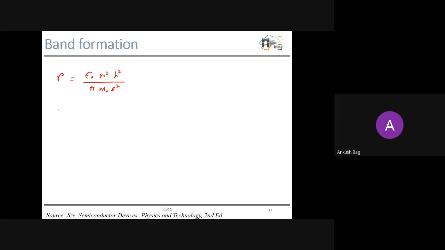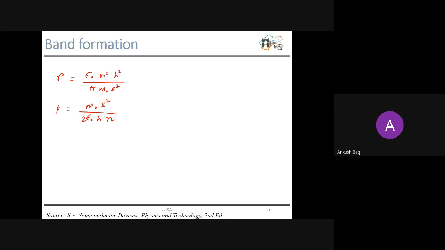So this will be your radius, and your momentum will be m naught e square divided by 2 epsilon naught h n.